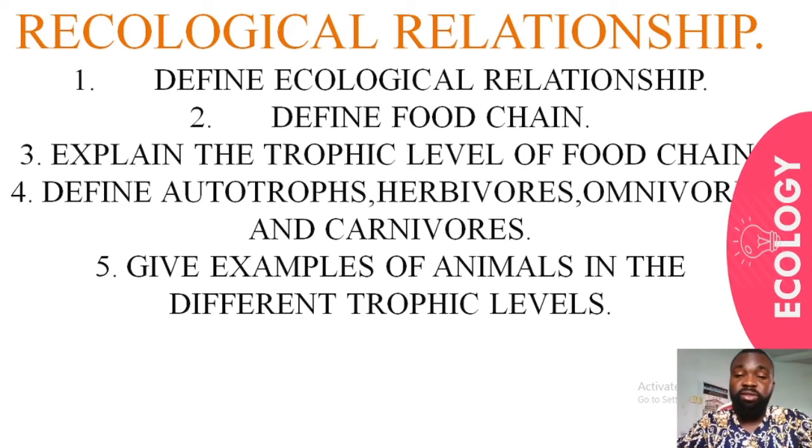And we discussed food chain as one of the examples of ecological relationship. We said food chain has to do with a linear process whereby animals get energy and nutrients from feeding on one another. And we explained the trophic levels of the food chain. I'm just doing a recap. I'm not teaching.